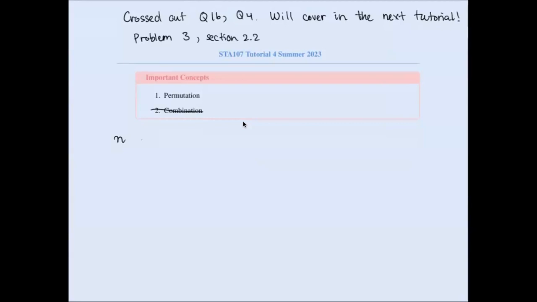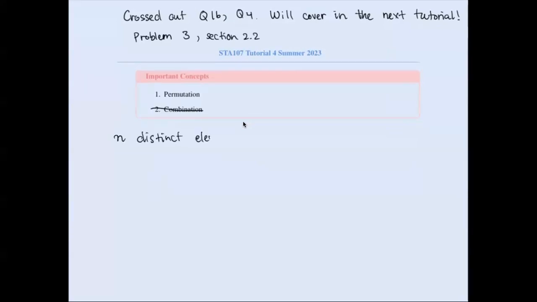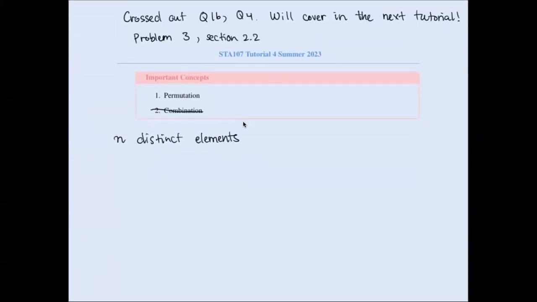Let's say you have n distinct elements. And the distinct part is very important. You want to arrange k elements out of n.